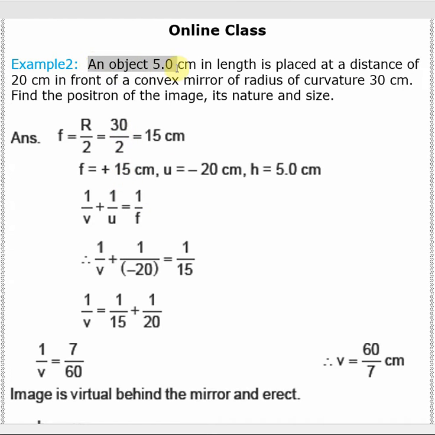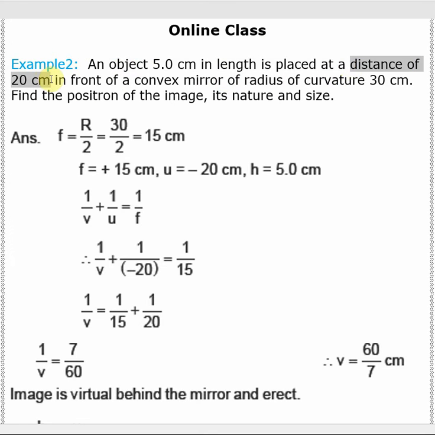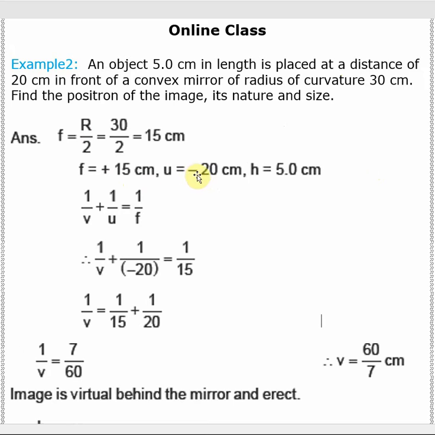Also here the object size is given, that means we need to find the image size also. Now u, the distance of the object, is 20 centimeter, so once again we take u as minus 20, and since it is a convex mirror, f is always plus, so f is plus 15. h means here the height of the object, which is 5 centimeter.